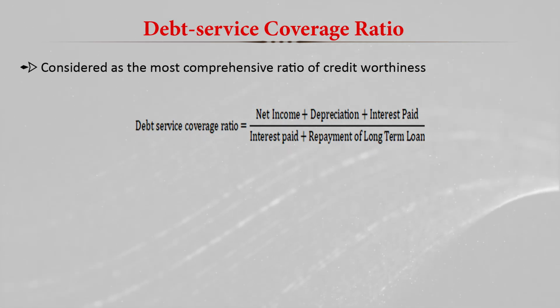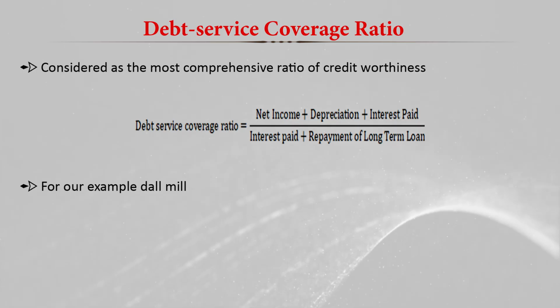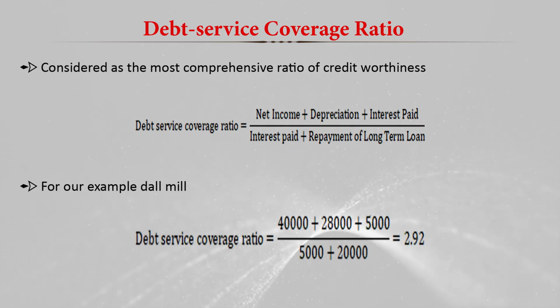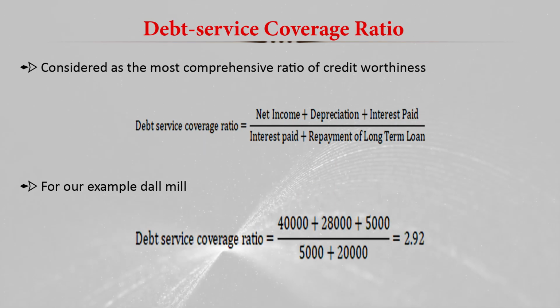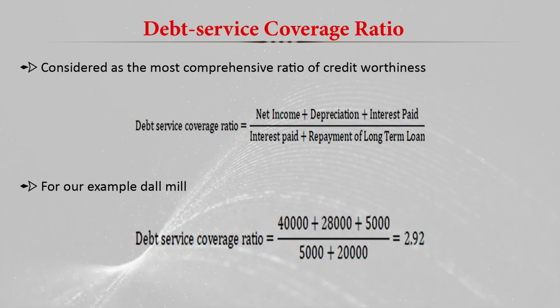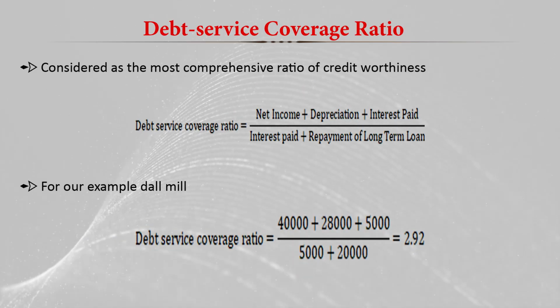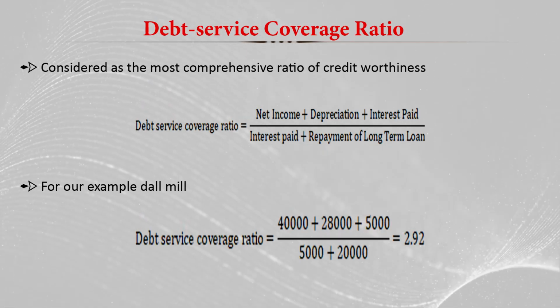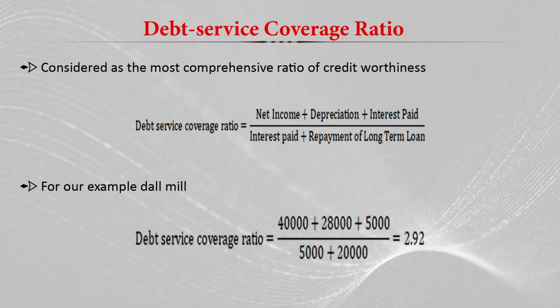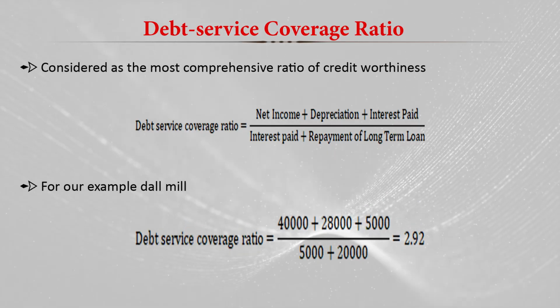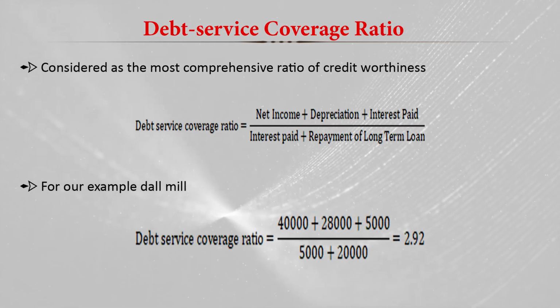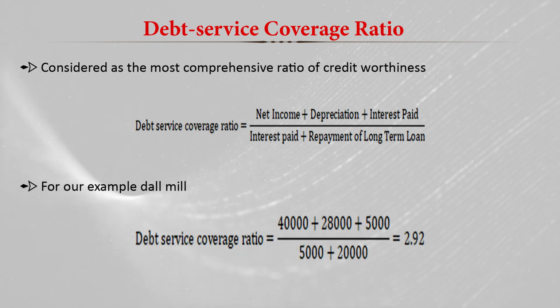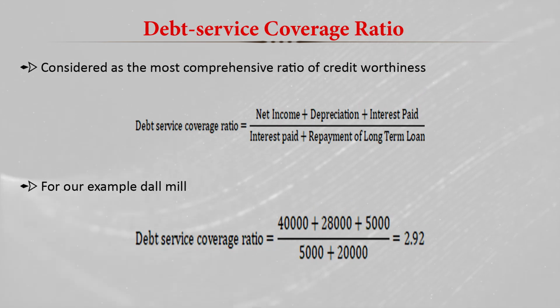In our dal mill example, the debt service coverage ratio comes to 2.92, where net income is 40,000, depreciation is 28,000, and interest paid is 5,000. The sum of these three figures is divided by the interest paid, that is 5,000, and the repayment of long term loan, that is 20,000.